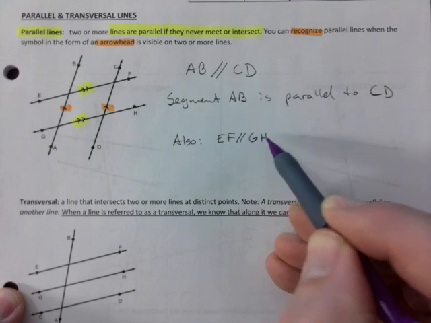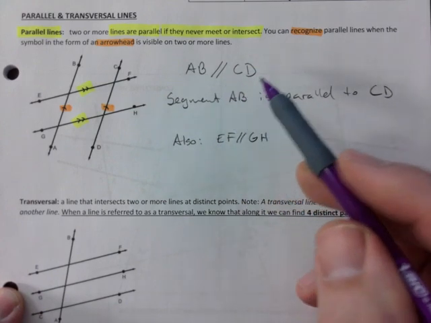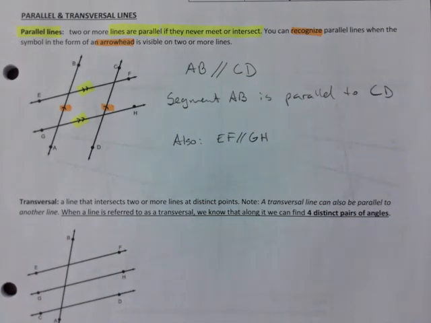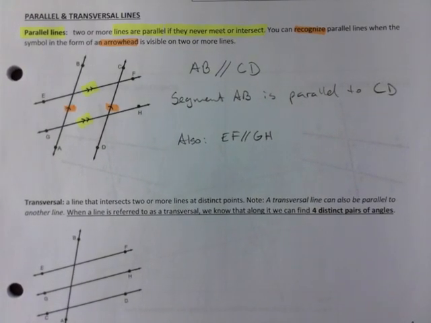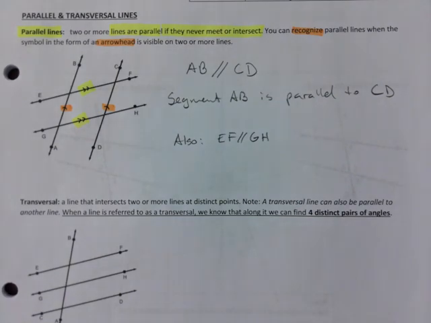And this is huge. If you're told that lines are parallel, that's going to be very important to us because we can find out a lot of missing angles with that fact. I tell my students often, think of parallel lines as copies of each other. Do you remember parallel lines when you did the linear equations unit?